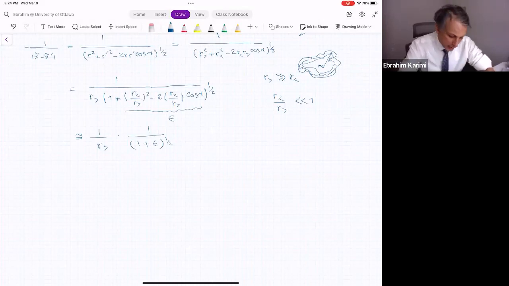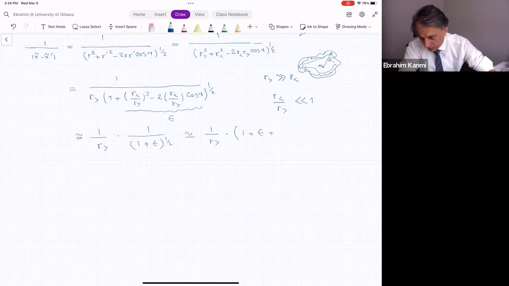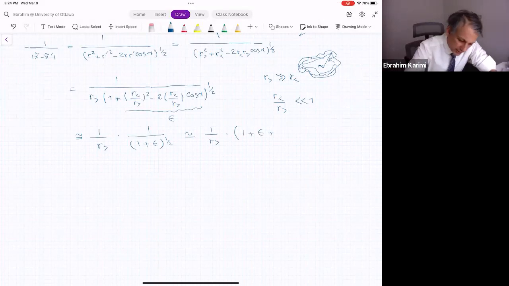Okay, so let's do the expansions. We will do the Taylor expansions. What is the Taylor expansion of that? It is 1 divided by R greater multiplied by 1 plus epsilon divided by 1 factorial, plus epsilon to the power of 2 divided by 2 factorial, plus epsilon to the power of 3 divided by 3 factorial, plus other terms.